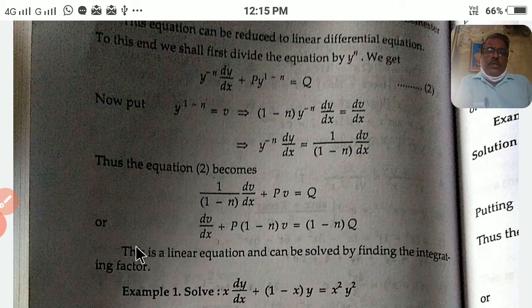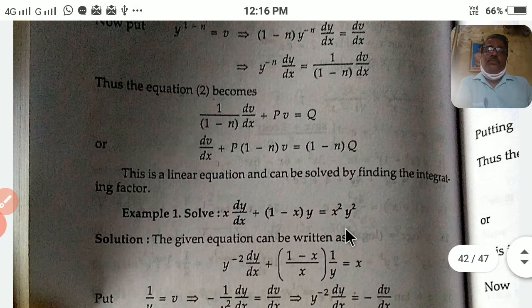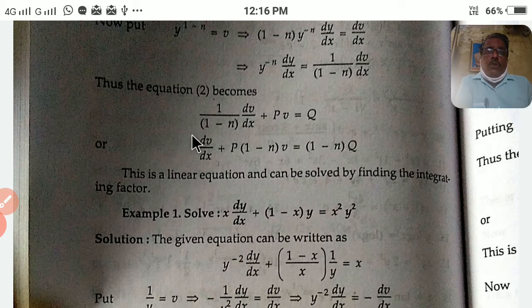Now cross multiplying with 1 minus n, it gives dv by dx plus p into 1 minus n into v, which is equal to q into 1 minus n, multiplying throughout by 1 minus n. So here 1 minus n gets cancelled, here 1 minus n is multiplied, and here also 1 minus n is multiplied. Now this is of the form dy by dx plus py equal to q.